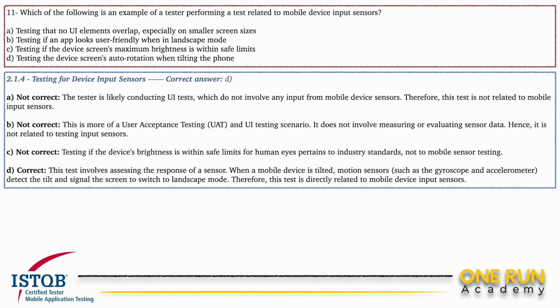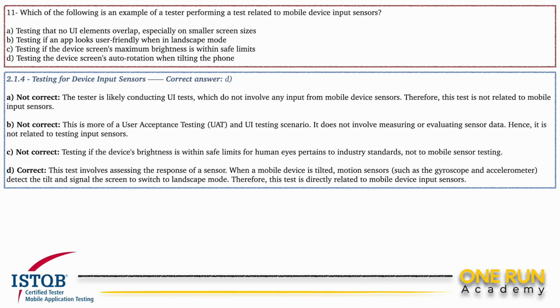Next is option B, testing if an app looks user-friendly when in landscape mode. This scenario falls under user acceptance testing and UI testing. Here, the tester is checking the visual and usability aspects of the app when the device is in landscape orientation. It doesn't involve any sensor data evaluation, making option B also not related to mobile input sensors.